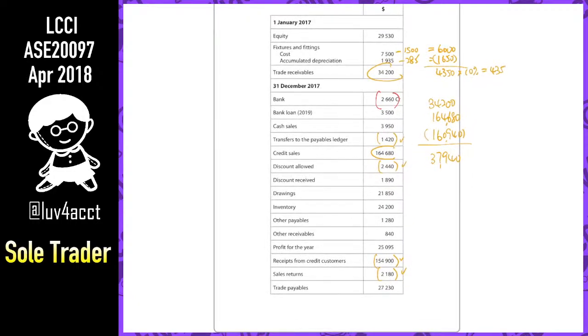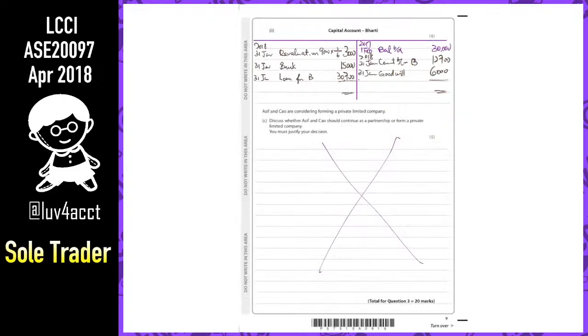Okay, and then we will have trade and other payables. For other payables, we have an addition of 300. Okay, don't forget this. Trade payables, other payables, and then we will have a bank overdraft, 2660. Okay, let us deal with the loan first.